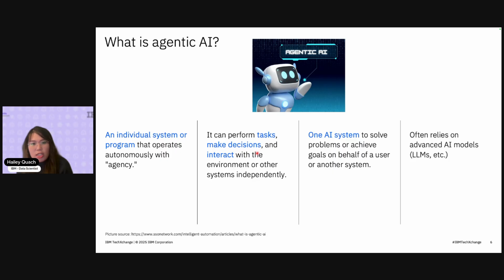They can make decisions and interact with the environment independently. These systems solve problems or achieve goals on behalf of the user, and they often use advanced AI models like large language models or reinforcement learning models. For example, you can think of a virtual assistant like Siri or Alexa. It listens to your request, processes it, and independently retrieves information or performs actions like setting a reminder or telling you about the weather.